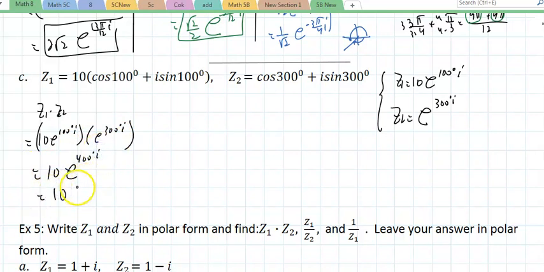Subtract not 2 pi, 360. That will be 40 degrees I. There it is, done.